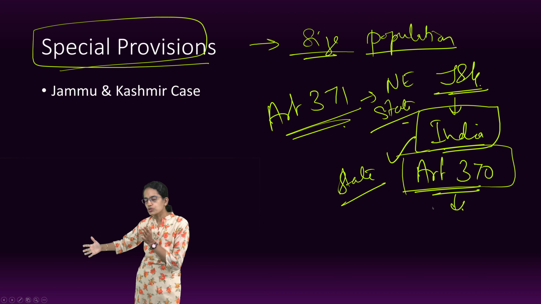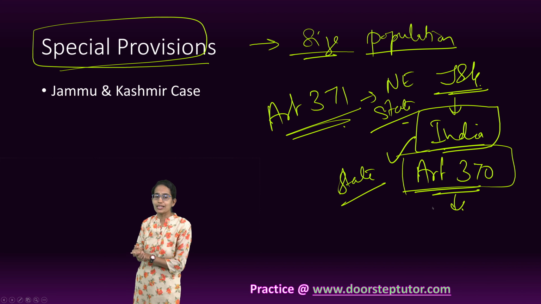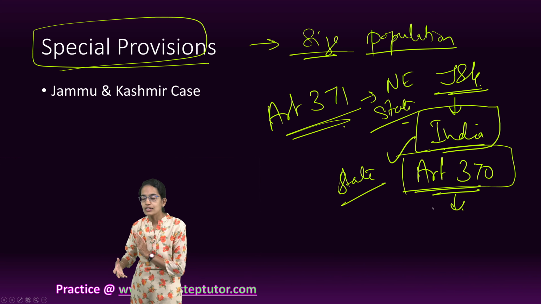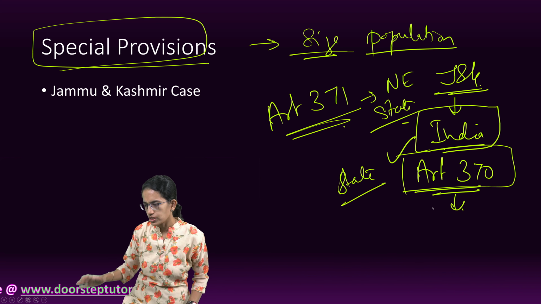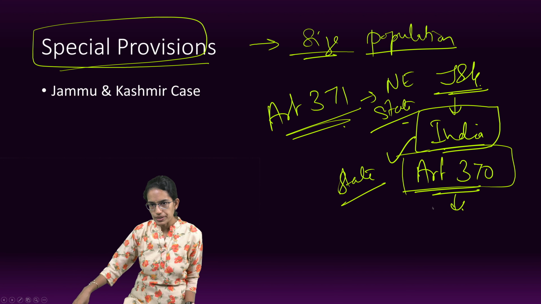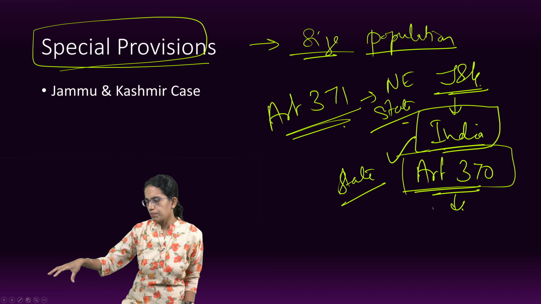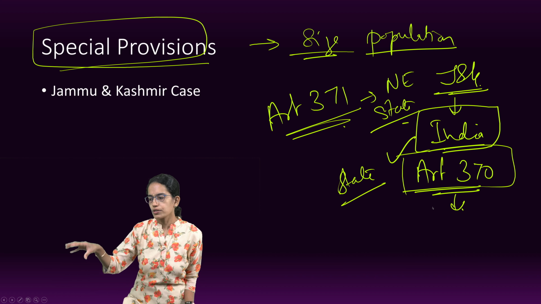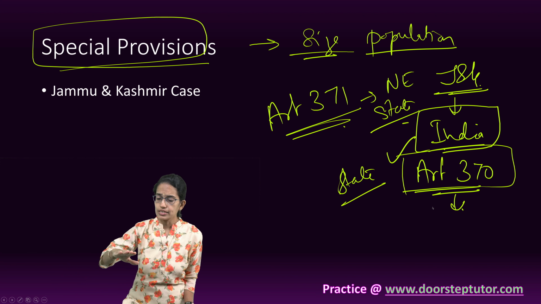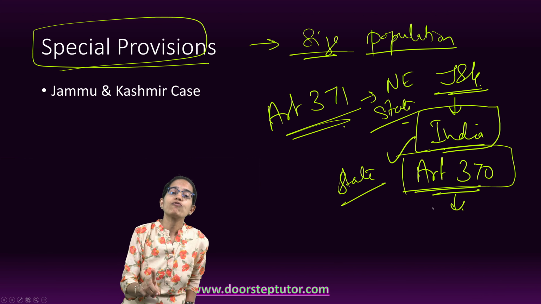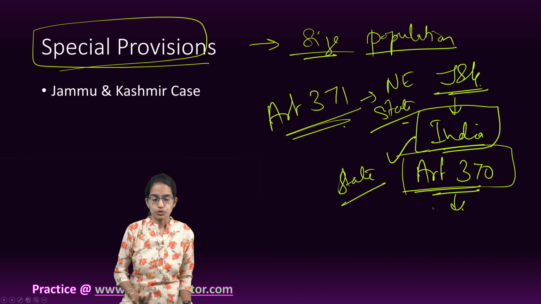So the constitutional provisions were laid in such a way that they were given more constitutional autonomy, and as a result Article 370 was implemented, specifying a separate constitution, a separate flag, and the parliament's powers to make laws on the subjects of the union list being accepted only by the concurrence of the government of Jammu Kashmir at that time.